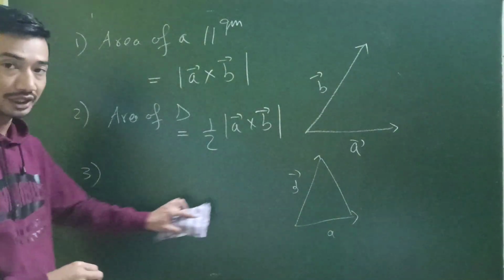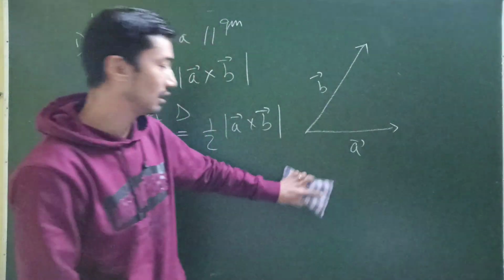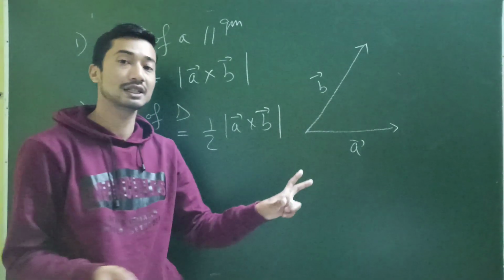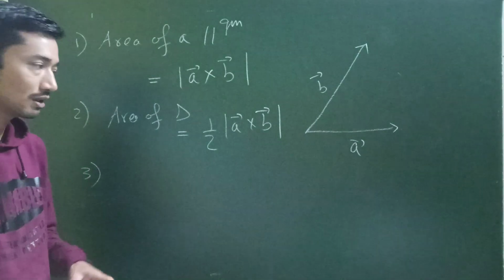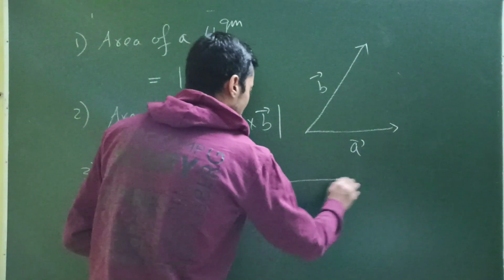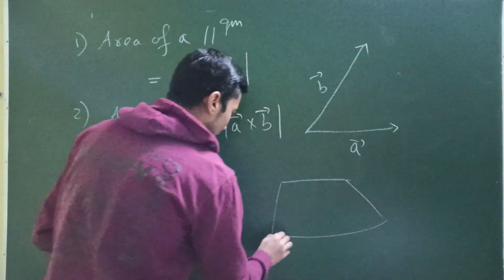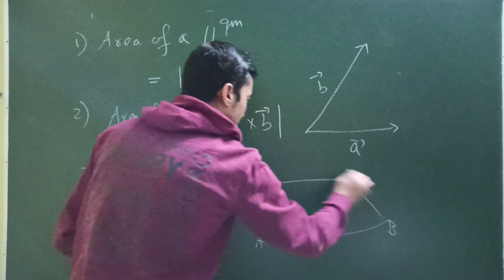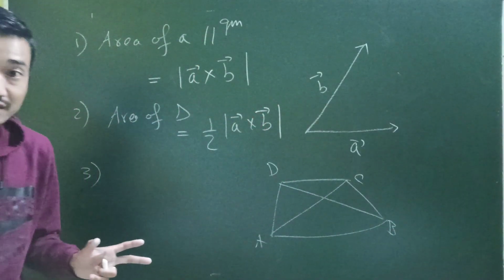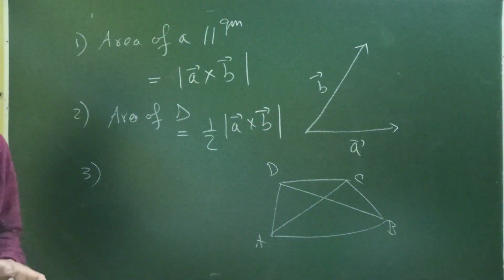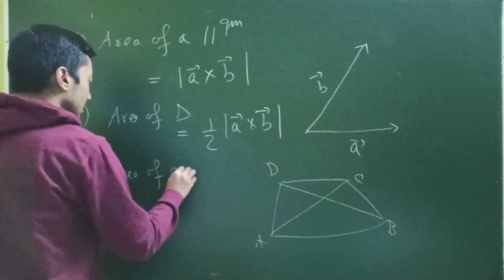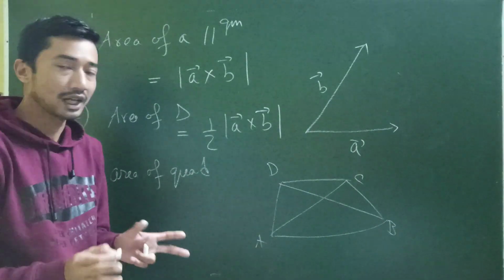Third one will be how to find out the area of a quadrilateral. Of course, a parallelogram is also a quadrilateral, but a parallelogram does not describe the entire properties of a quadrilateral. What is a quadrilateral? It's just any four-sided figure, isn't it? So, if we have any kind of quadrilateral ABCD, where AC and BD represent the diagonals, then using the diagonals we can find out the area of any quadrilateral, provided of course we have the diagonals.